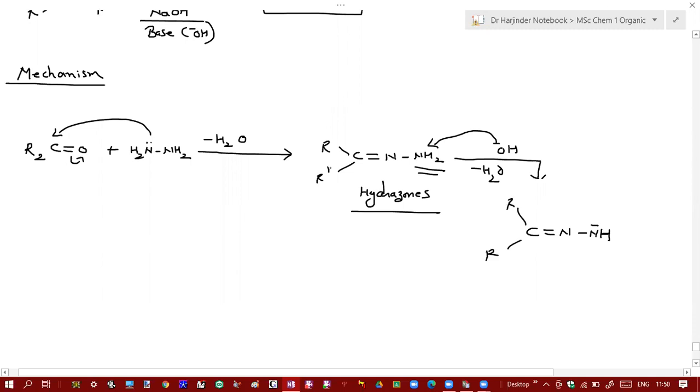Okay, if you're using the same, don't use R prime. What will happen next? This will be stabilized by resonance. So this can shift here, this will shift over here, and that results in the formation of a carbanion.